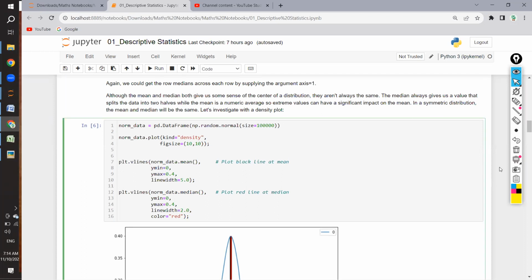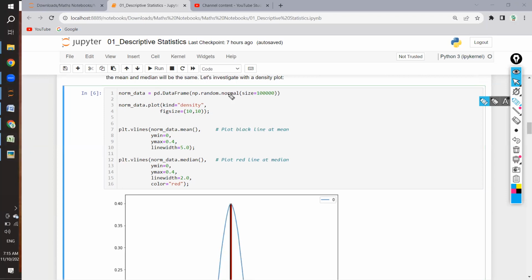Since you understood what a symmetric distribution is, you will be better positioned to understand this, and the normal distribution which we have seen. Now you understood what normal is: a symmetric distribution.